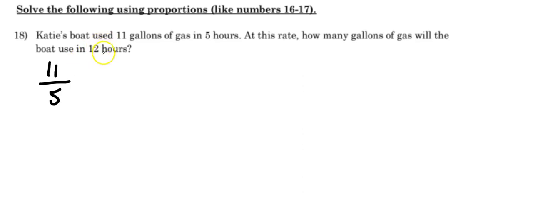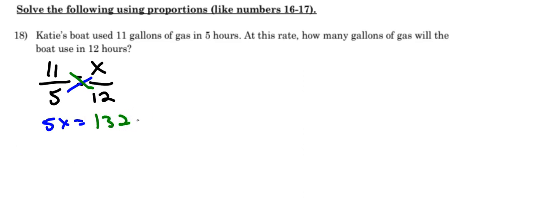So remembering that gallons goes on top, I'm going to say that is equal to x number of gallons in 12 hours. Well, doesn't this look exactly like what we just did? We're going to cross multiply. 5x equals 11 times 12, which is 132. Divide both sides by 5.